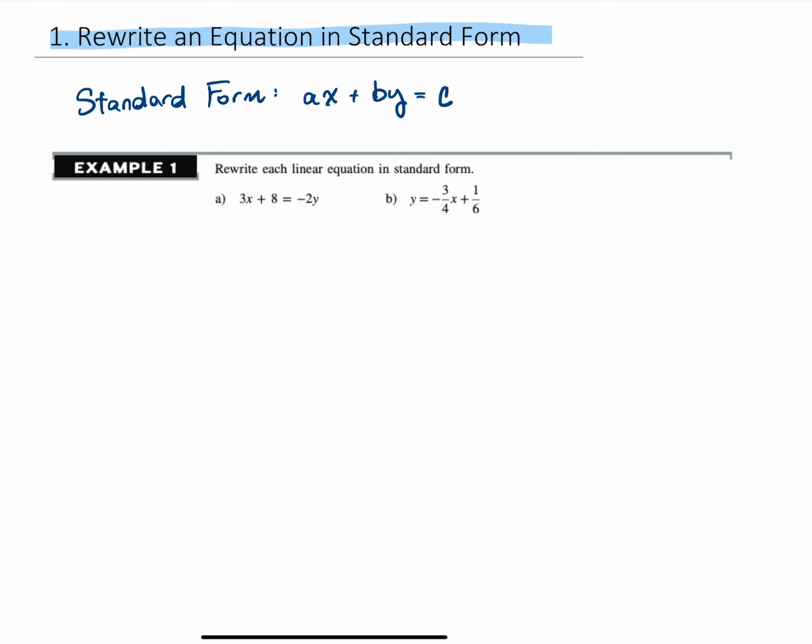And a few extra details about this form. The numbers a and b aren't fractions. So they're integer coefficients. Also c as well. So they're not fractions or decimals.